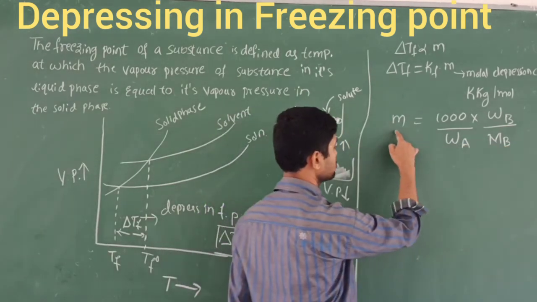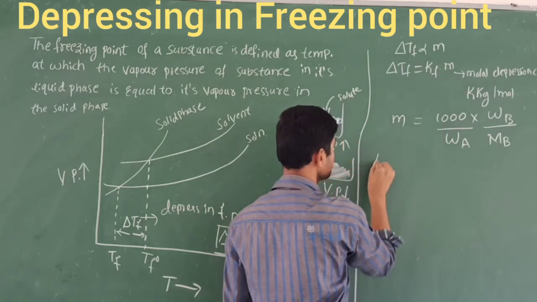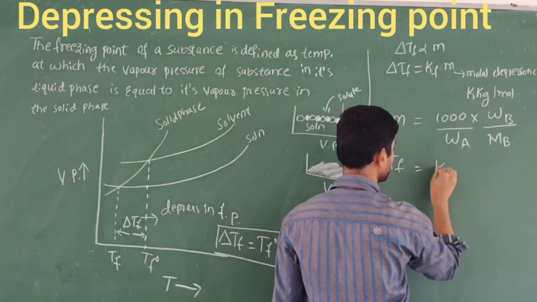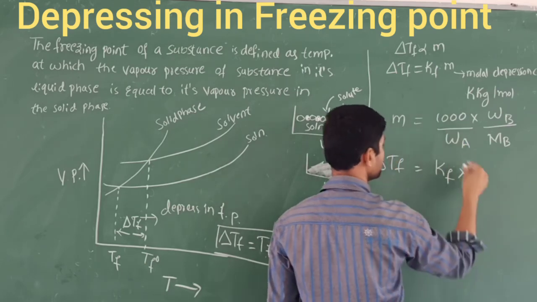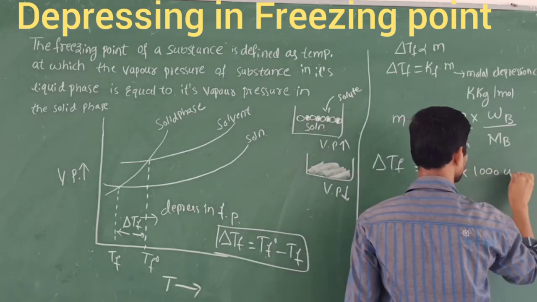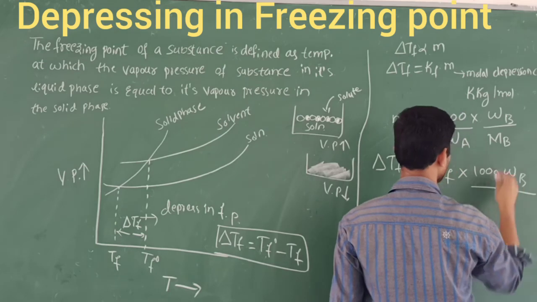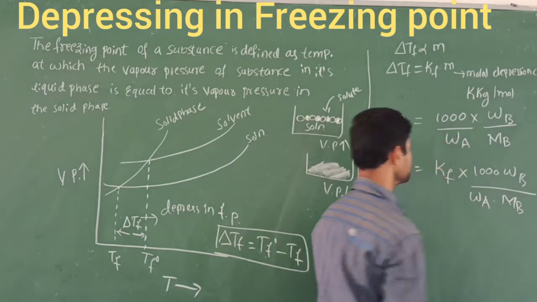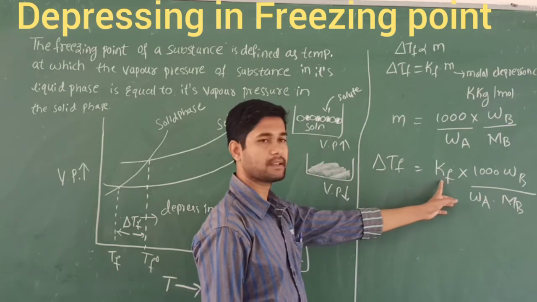Now I am going to substitute this m. Delta Tf is equal to Kf into m, and m is 1000 into Wb divided by Wa into Mb. The only difference is Kf and Kb.